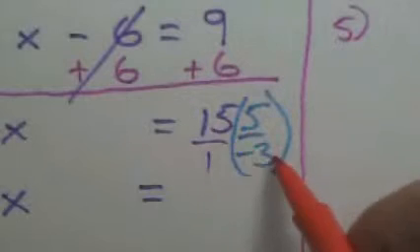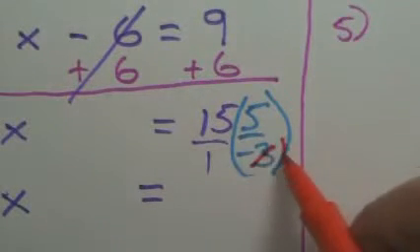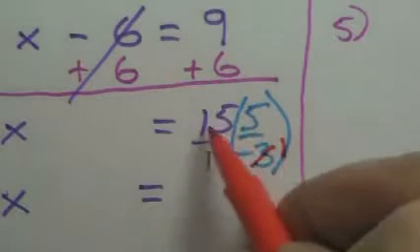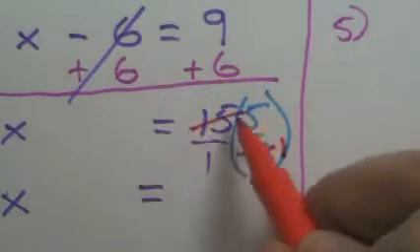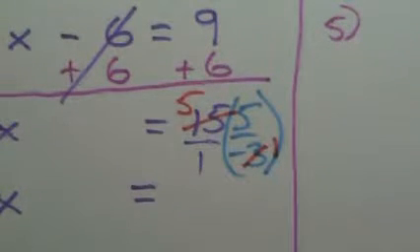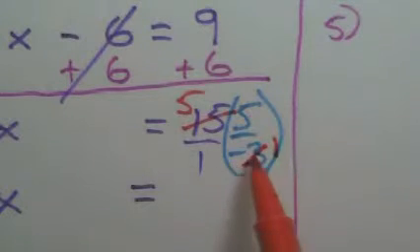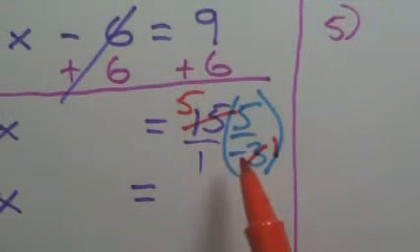Okay, so notice that 3 will go into 5. 3 goes in here once, and 3 goes into 15 5 times. So what are we left with? 5 times 5 over negative 1.